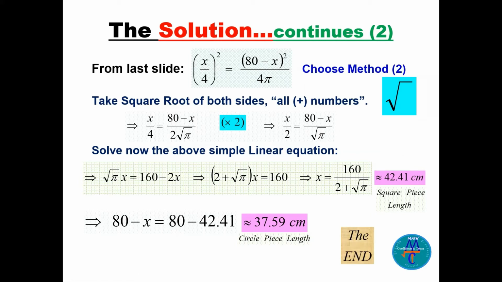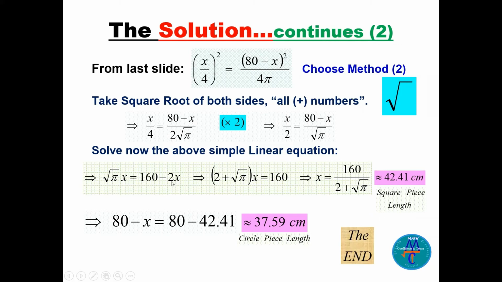Now, almost there. This is a simple linear equation. Cross multiply. Square root of pi times x is equal to 160 minus 2x. Take 2x to the other side, where it becomes plus 2x, and take x as a common factor.